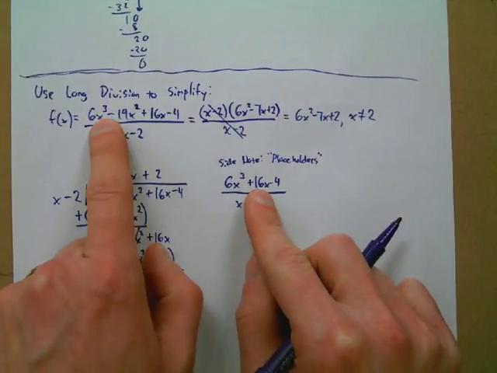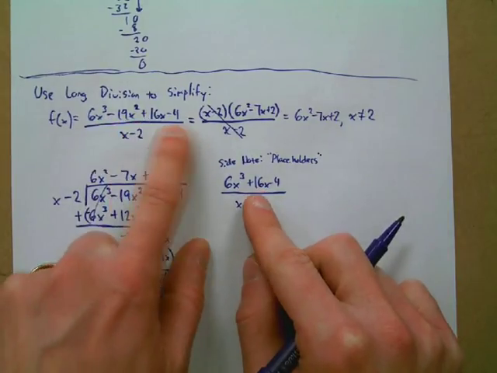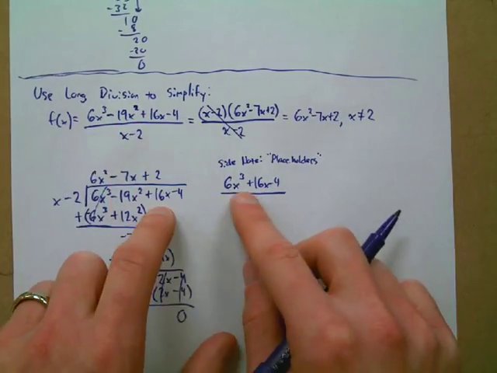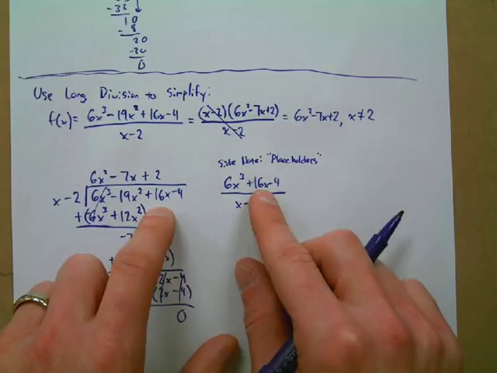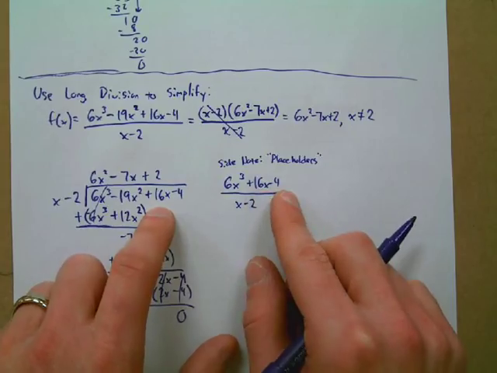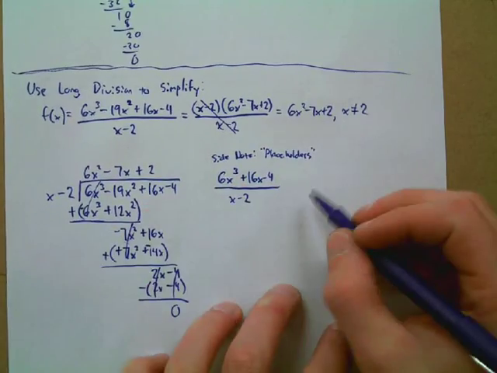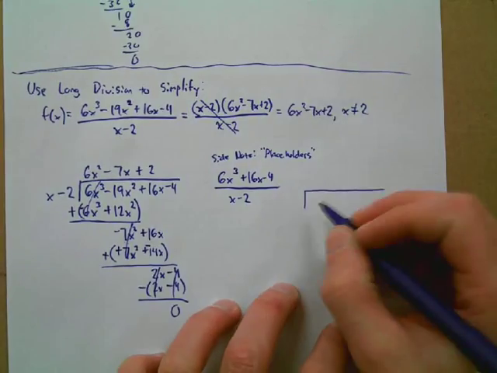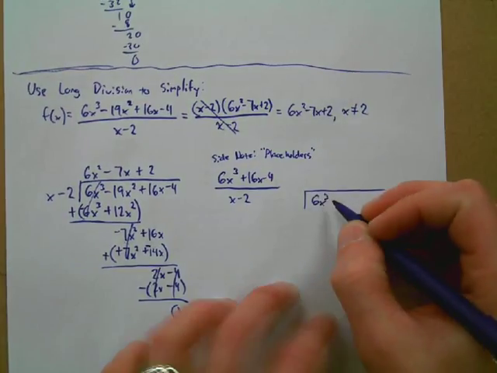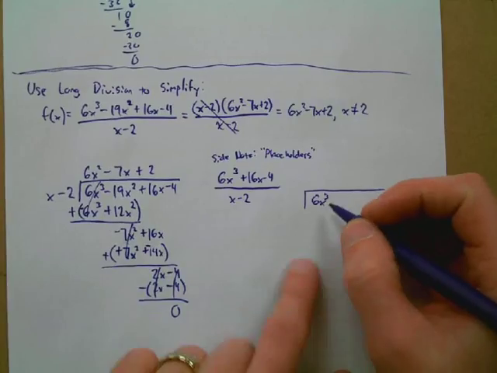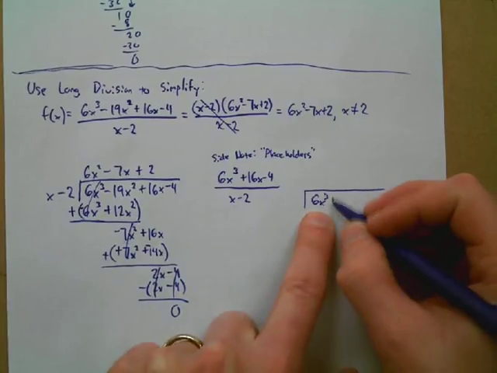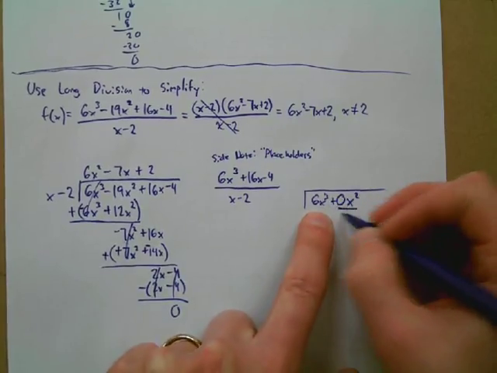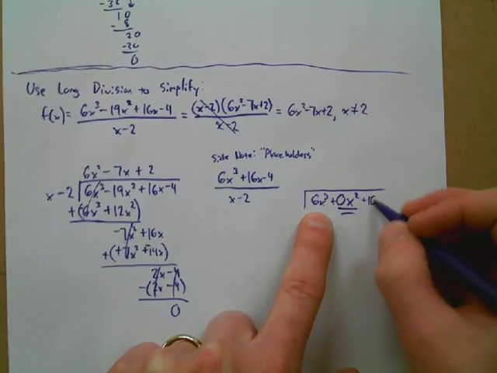When you go to write that in your long division problem, we need the placeholder for the squared term. So when you have that 6x cubed, you need to put in a plus 0x squared there as your placeholder. Likewise, if you're missing something in the divisor, then you want to put a placeholder in there too, but there's no placeholder needed in our divisor.